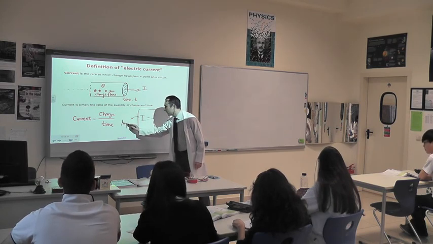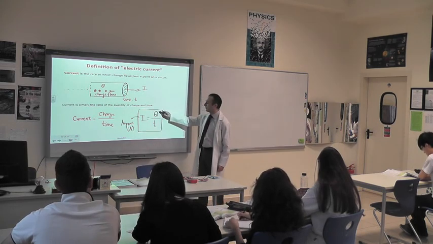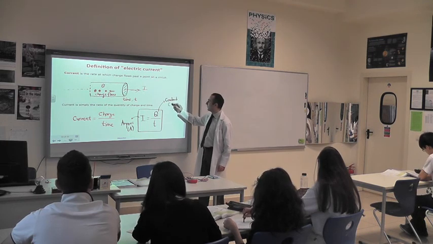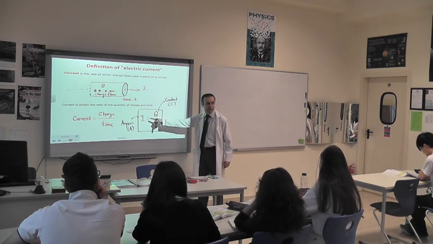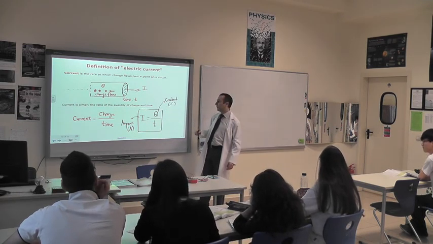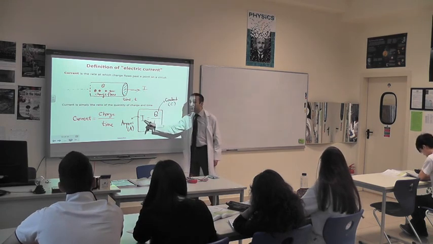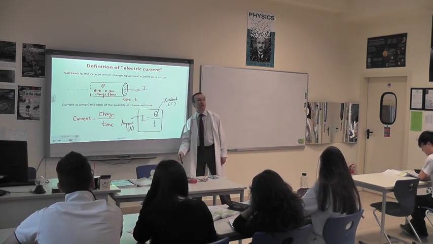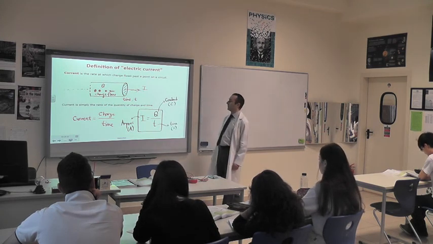Amperes is the current unit represented with capital A. Coulomb, charge, Coulomb with capital C. Don't confuse this capital C with current. There's a kind of common mistake. Coulomb is represented with capital C. Current is represented by capital I. And this is time. t is time in seconds.